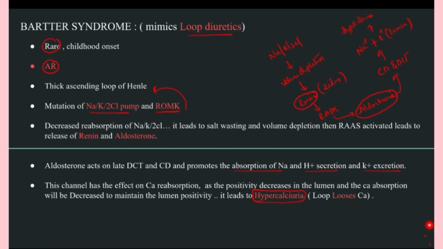So it causes metabolic alkalosis. So we see hypokalemic metabolic alkalosis in Bartter syndrome. Then let's talk about how hypercalciuria is associated with Bartter syndrome.